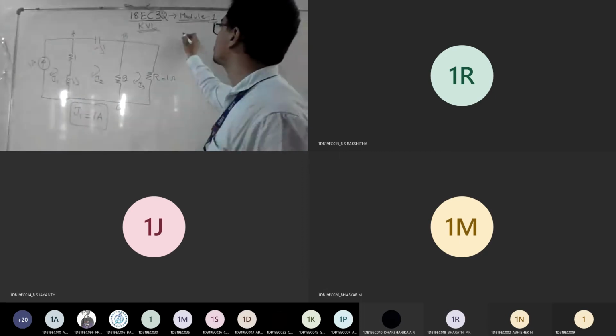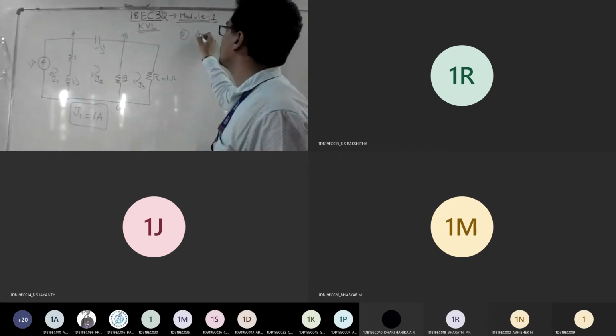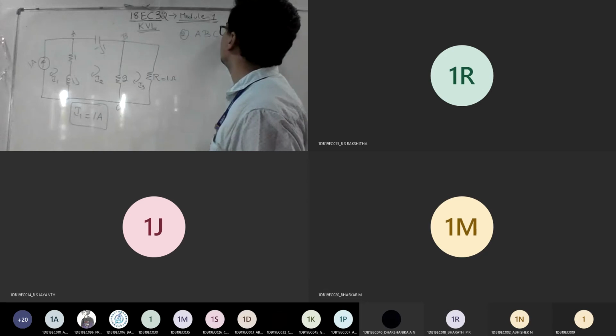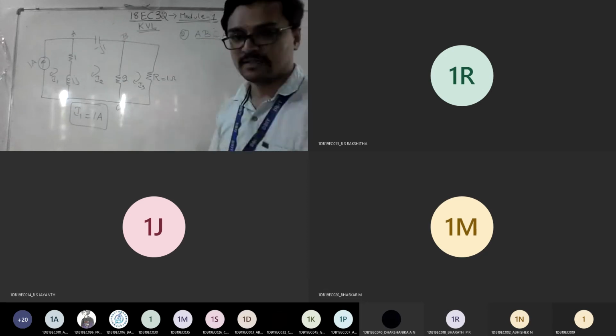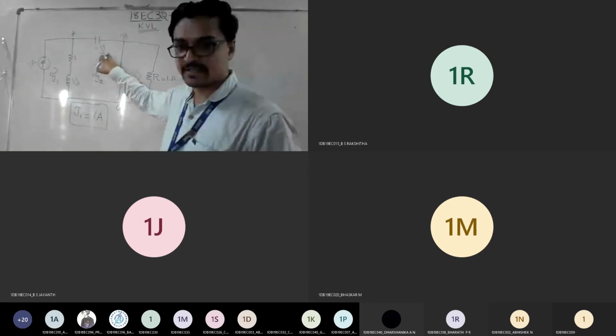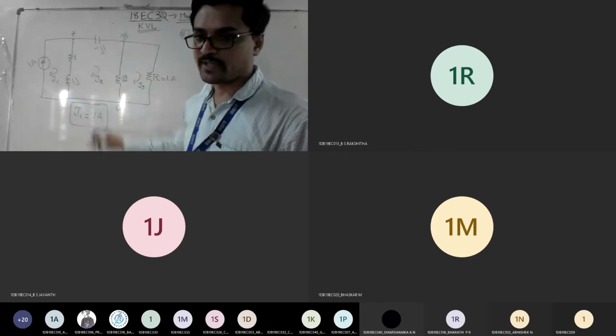Can you tell me the mesh 2 equation here? The mesh is A, B, C and A. Tell me the equation now. The value is minus 1J.